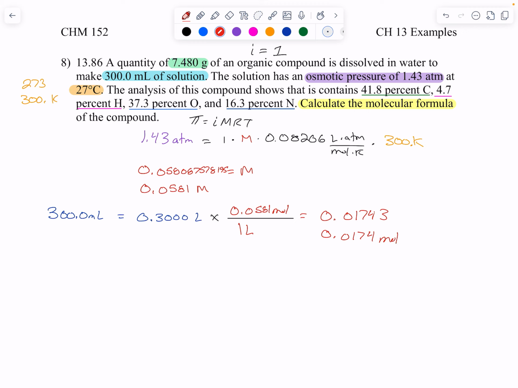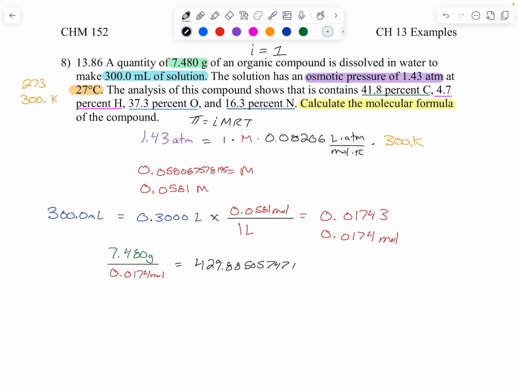Now we don't mean grams in our compound, right? Our compound is 7.480 grams. If we divide that by our 0.0174 moles, we get a molar mass. 7.480 divided by 0.0174, I get 429.8850574771.